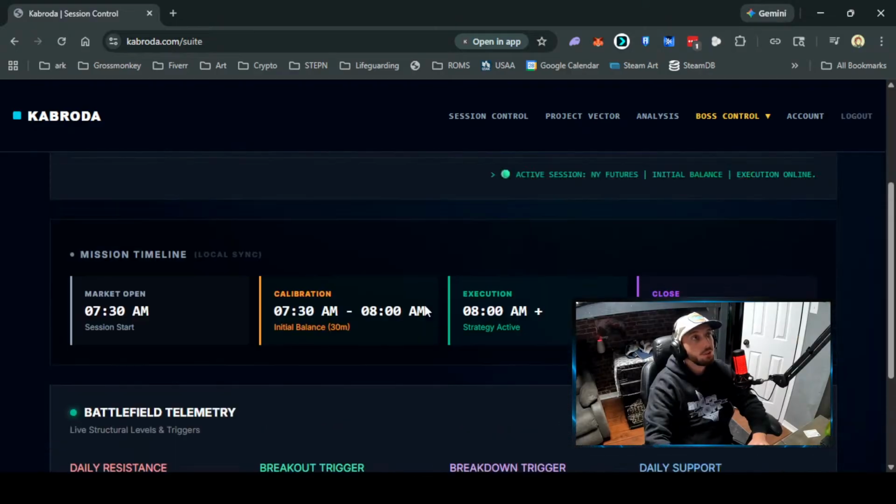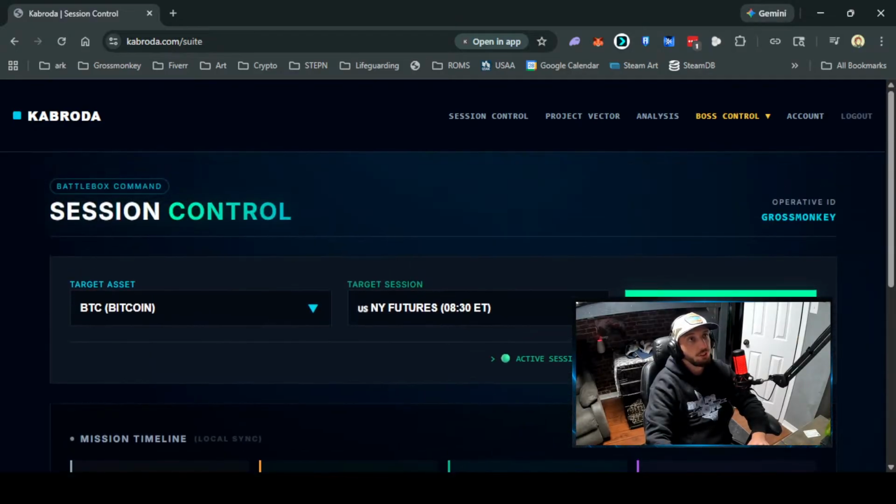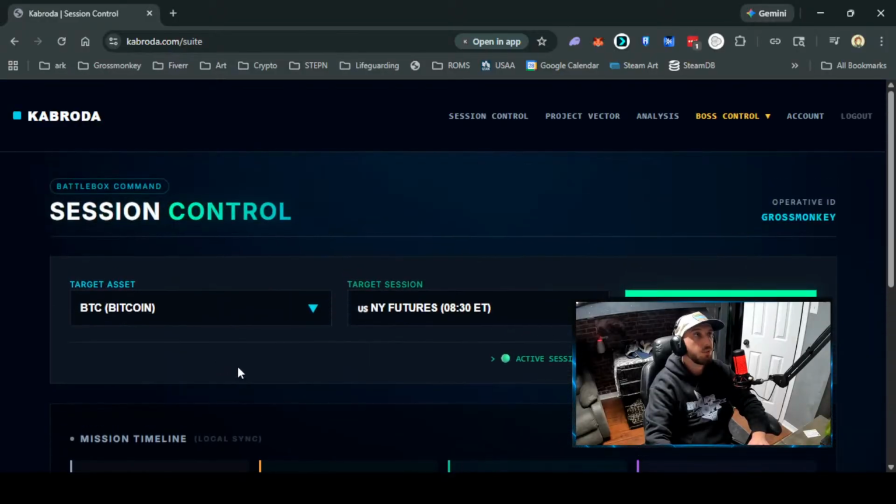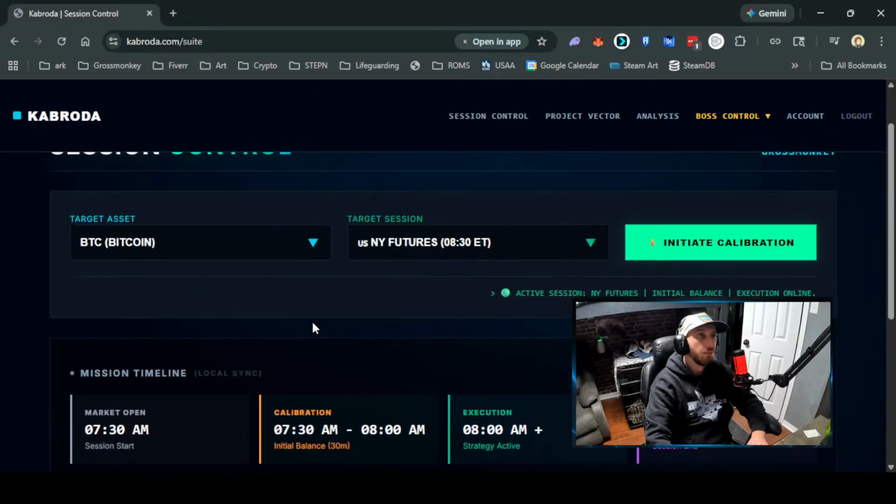Let's start off by hitting the initiate calibration button. The cool thing about our website is you can use different coins and different sessions, but we're sticking with Bitcoin and the New York futures today. We have Bitcoin, Ethereum, Solana, XRP, Doge, and a couple more, and sessions like New York futures, New York equity, London, Tokyo, and Sydney.